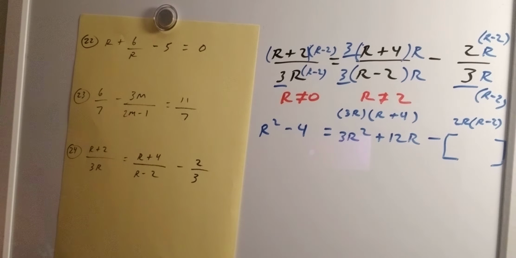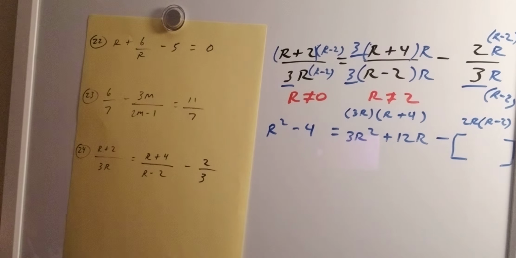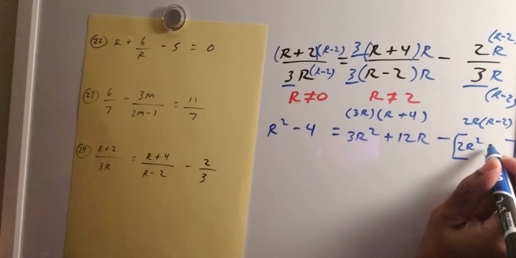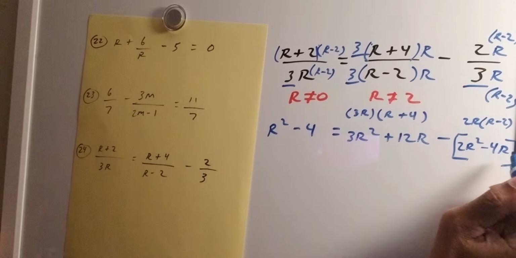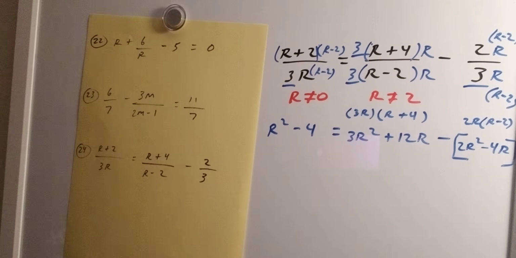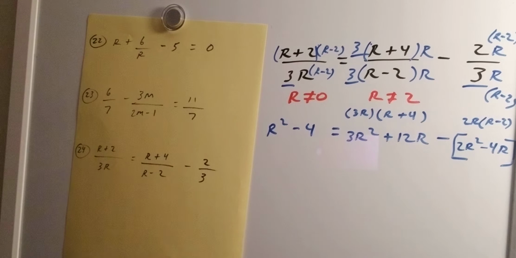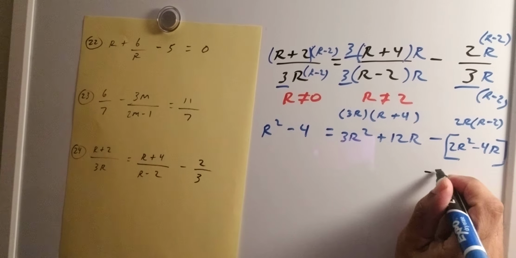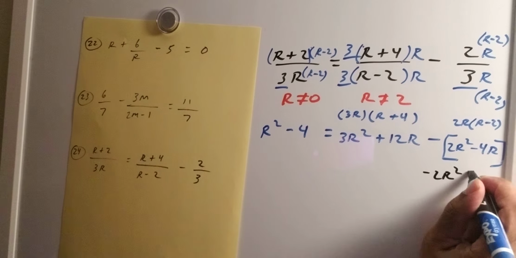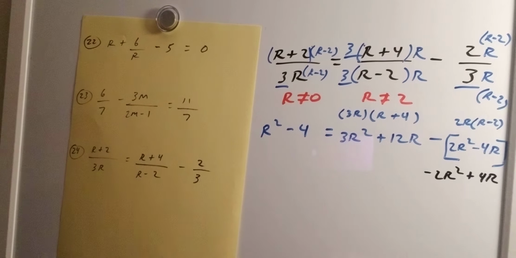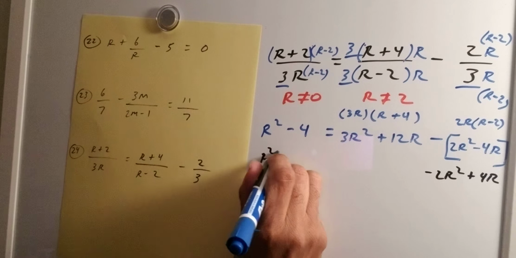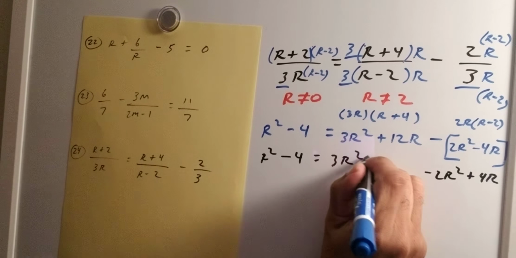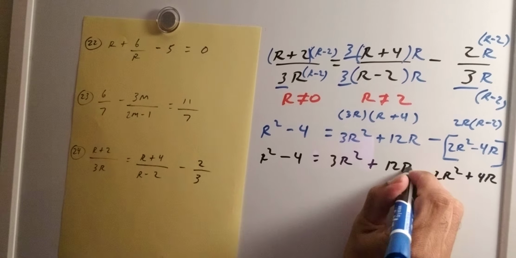Set the brackets up to ensure that the negative sign is distributed. So that's going to be 2r squared minus 4r. Okay, let's simplify everything. First, distributing the negative sign, minus 2r squared plus 4r. Everything else can be brought down left to right. R squared minus 4 equals 3r squared plus 12r.